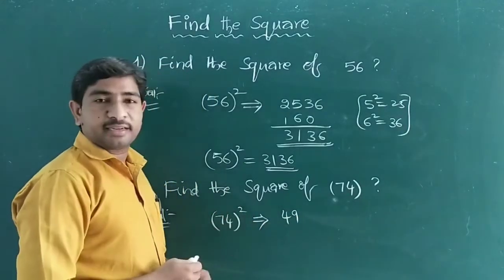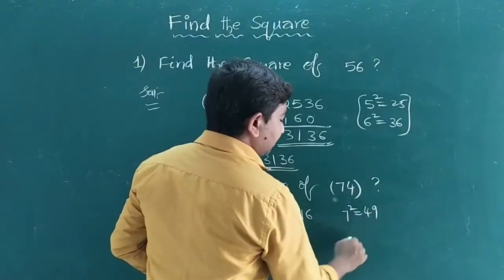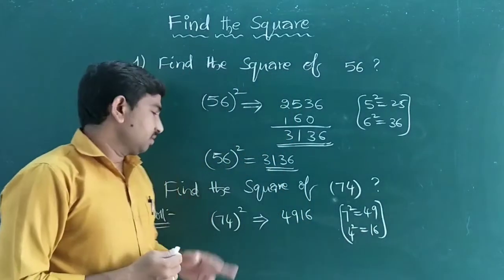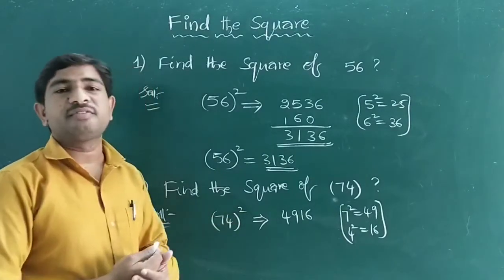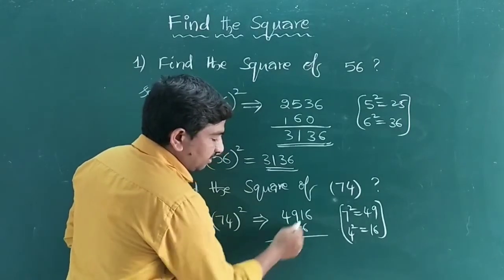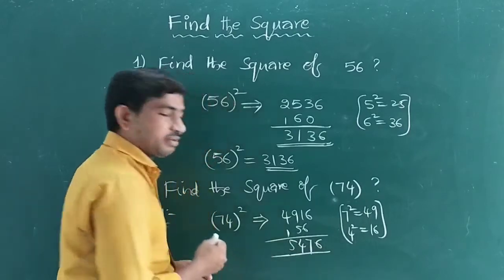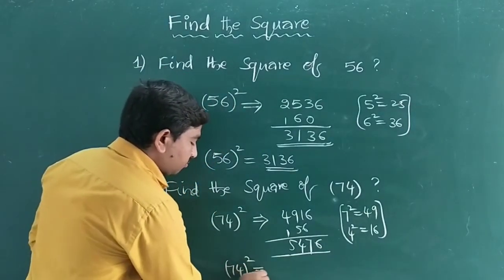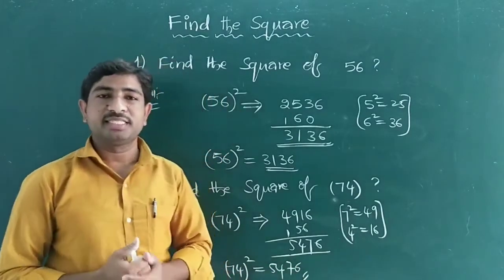And next 4 square is 16. You take the squares of the digits of the given number. And now 7 4s are 28, 28 2s are 56. You have to write 56 by leaving the unit place digit. Now 6 plus 1 is 7, 9 plus 5 is 14, and 5476. It is very easy. So 74 whole square is equal to 5476.